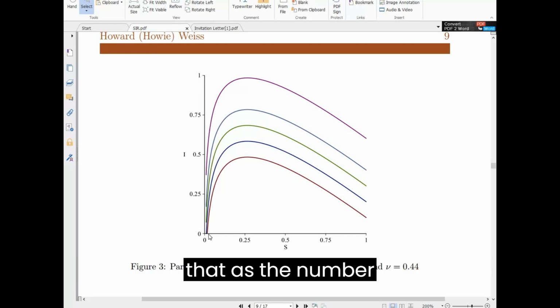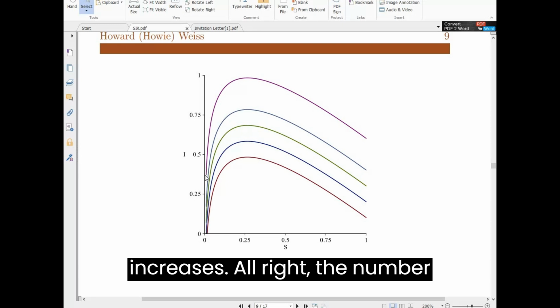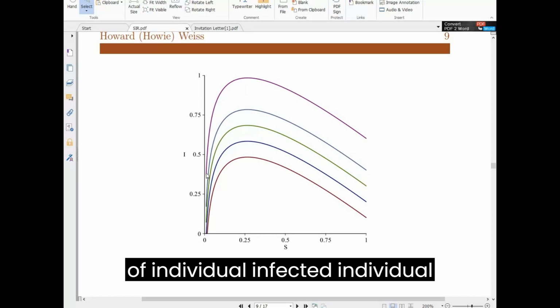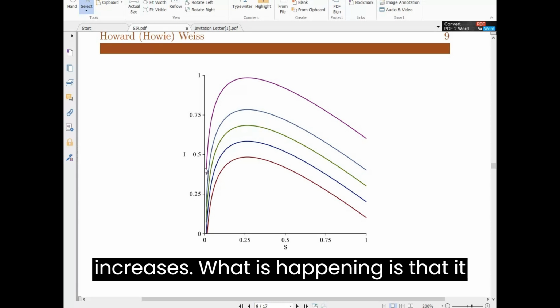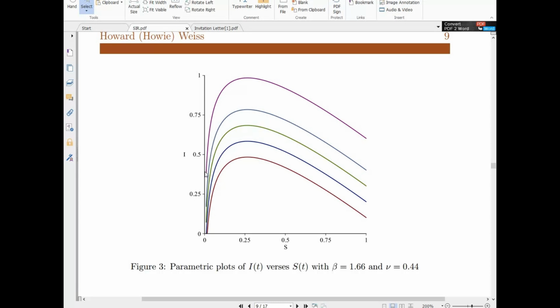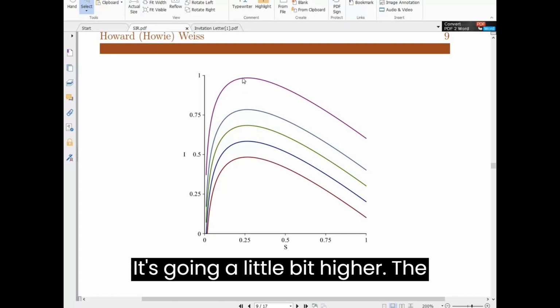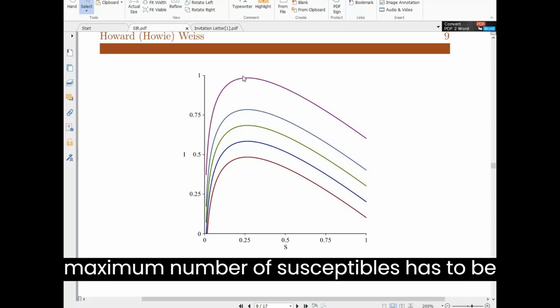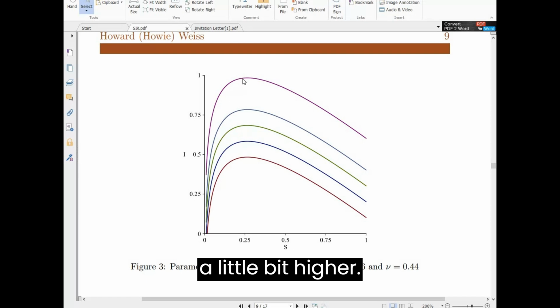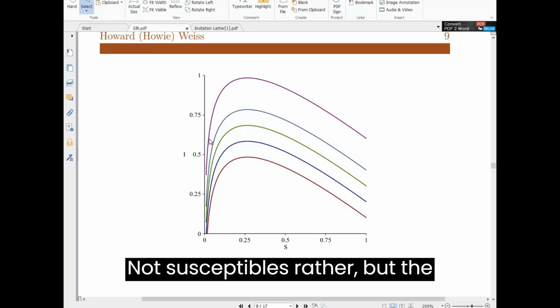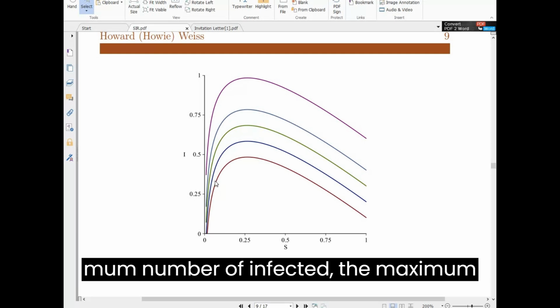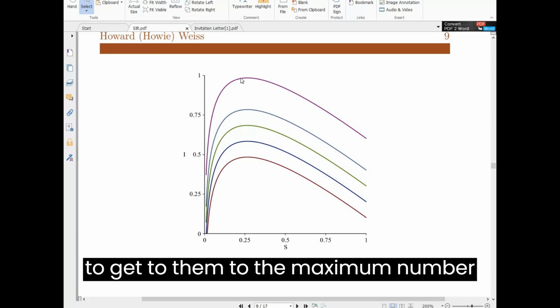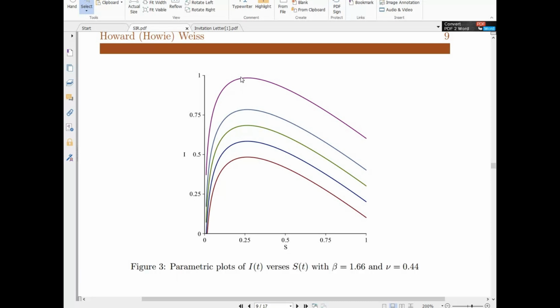And you realize that as the number of infected individuals increases, the maximum number of infected, the turning point of our curve, becomes higher.